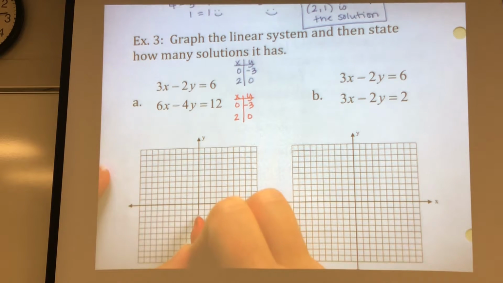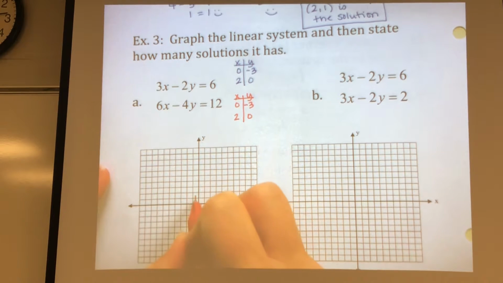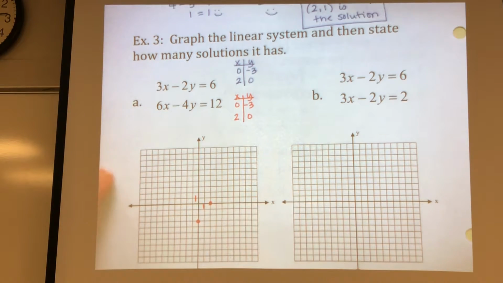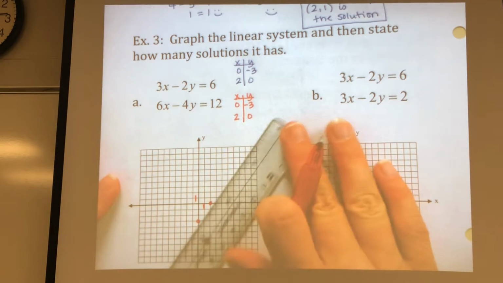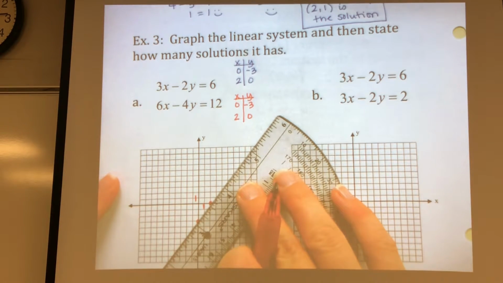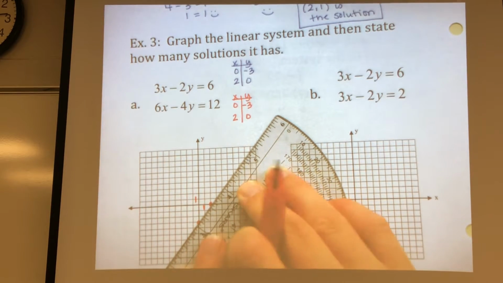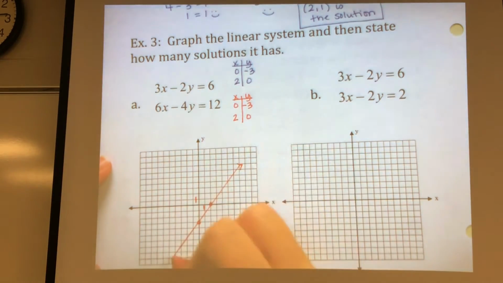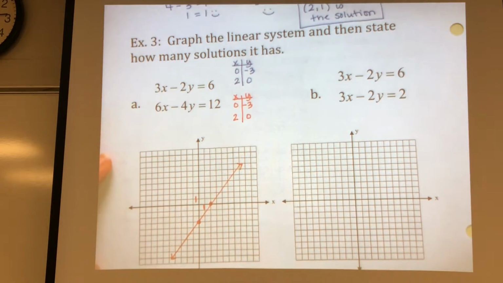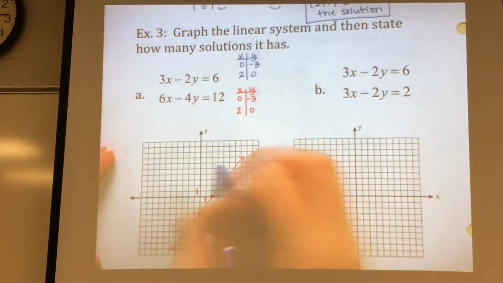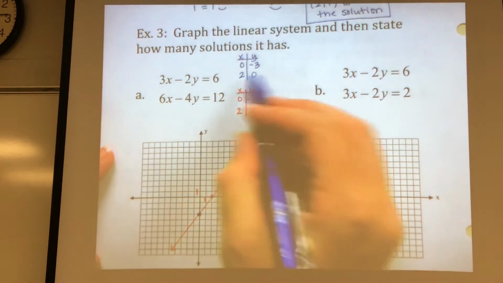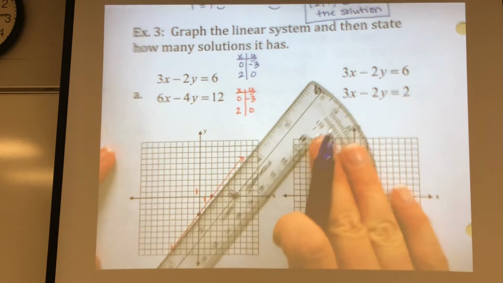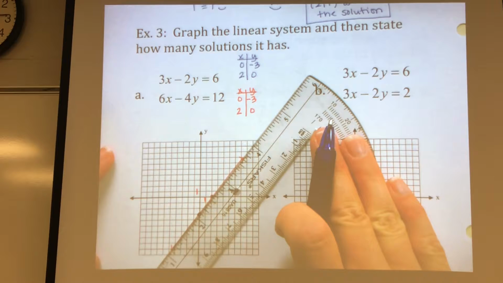So we have 1, 2, 3, 0, -3, counting by ones, and 2, 0, counting by ones there. So this bottom line is the one I graphed first, trying to keep my colors going so you can see the red points are this red line right here. But then when I graph this one, 0, -3 and 2, 0, it's in the exact same place. So when I draw that line, it will be the exact same line.